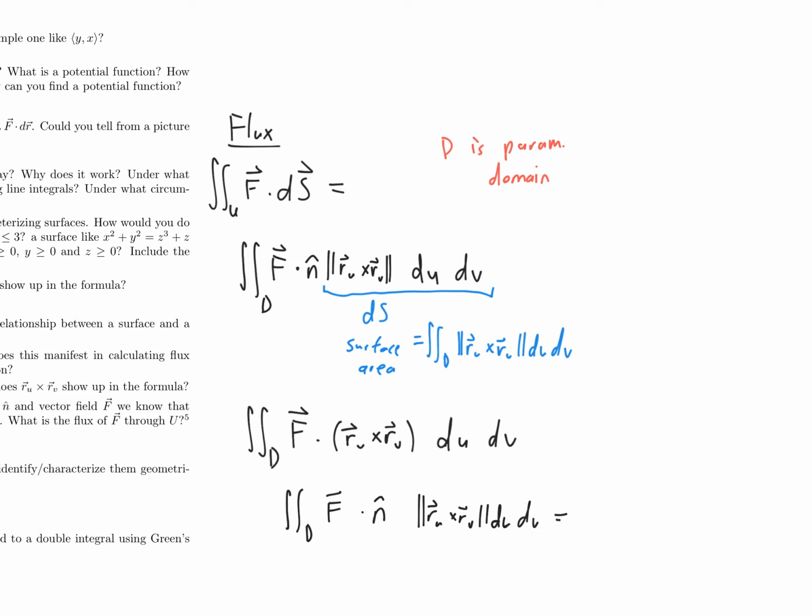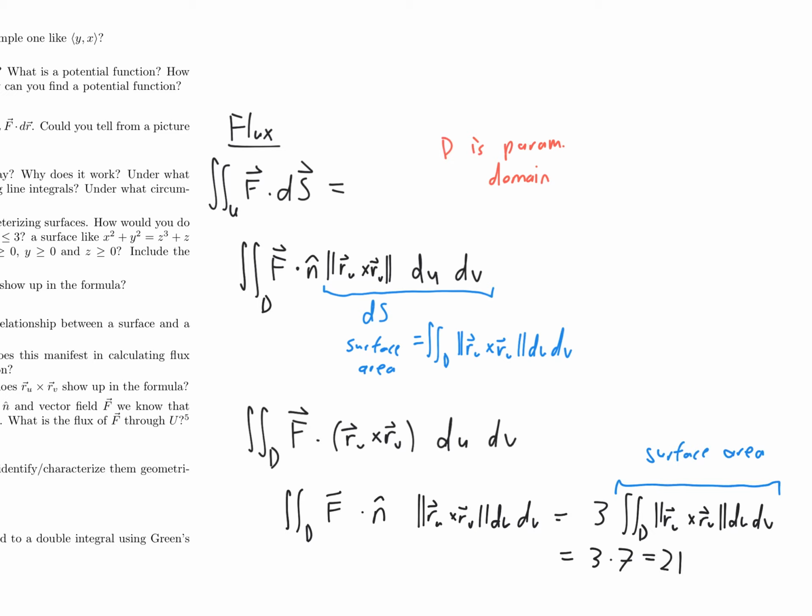Well, this F dot n is just equal to 3, so I can pull that 3 out. But then this bit right here is just the surface area. And so this ends up just being 3 times 7, or 21.